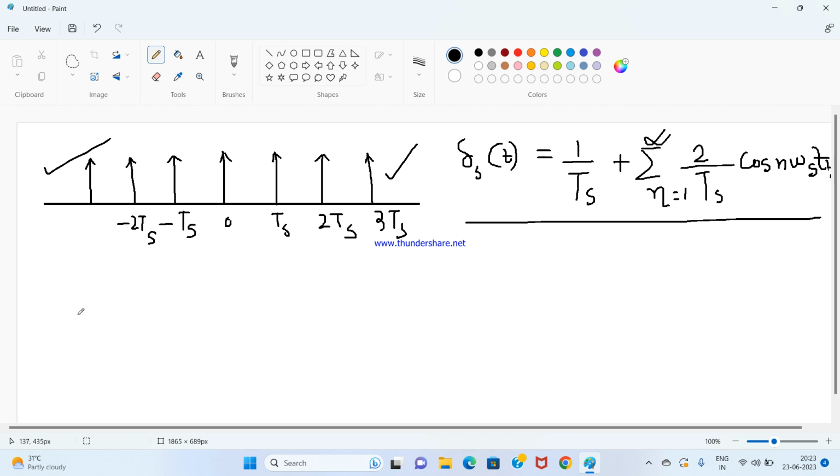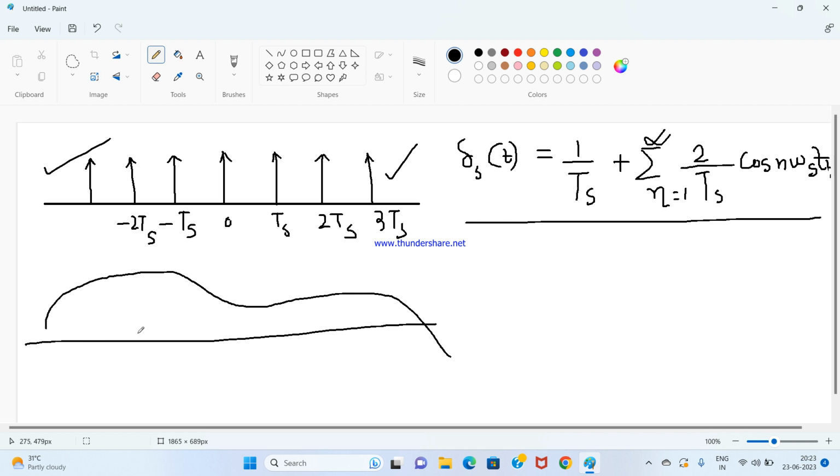Now let us take one message signal. Say it is like this. This is a message signal, and here also I am sampling, capturing the value of this message signal at the same instants where the impulse functions are there in delta s.